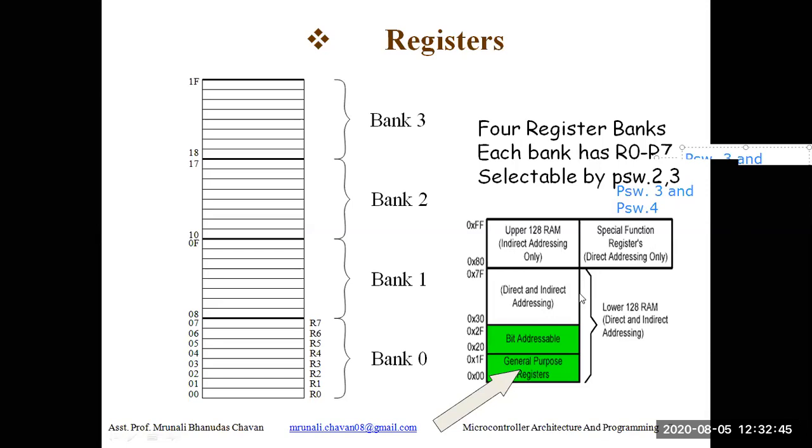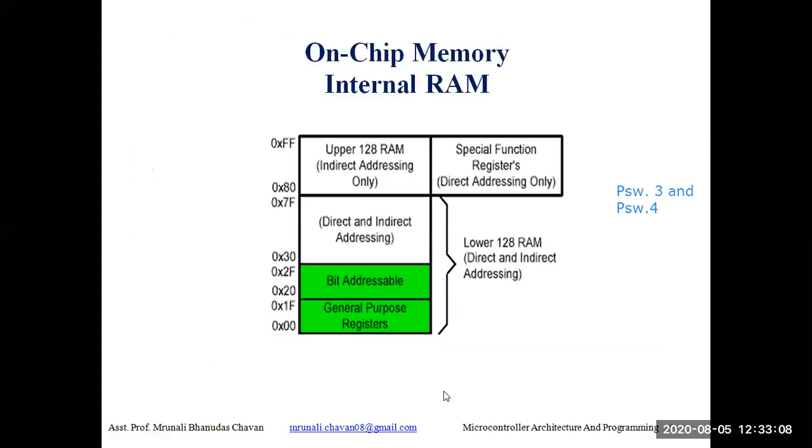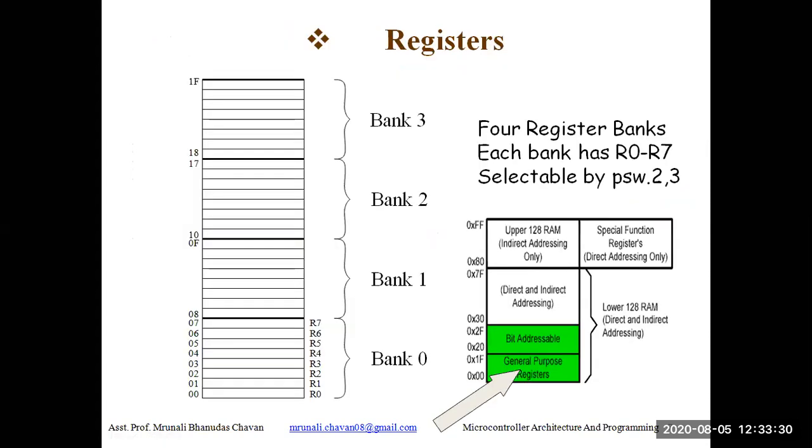As we see in the PSW register, PSW.3 and PSW.4 are the two bits for bank selection, and by programming these two bits, we can select a particular register bank, that is register bank 0, 1, 2, or 3.